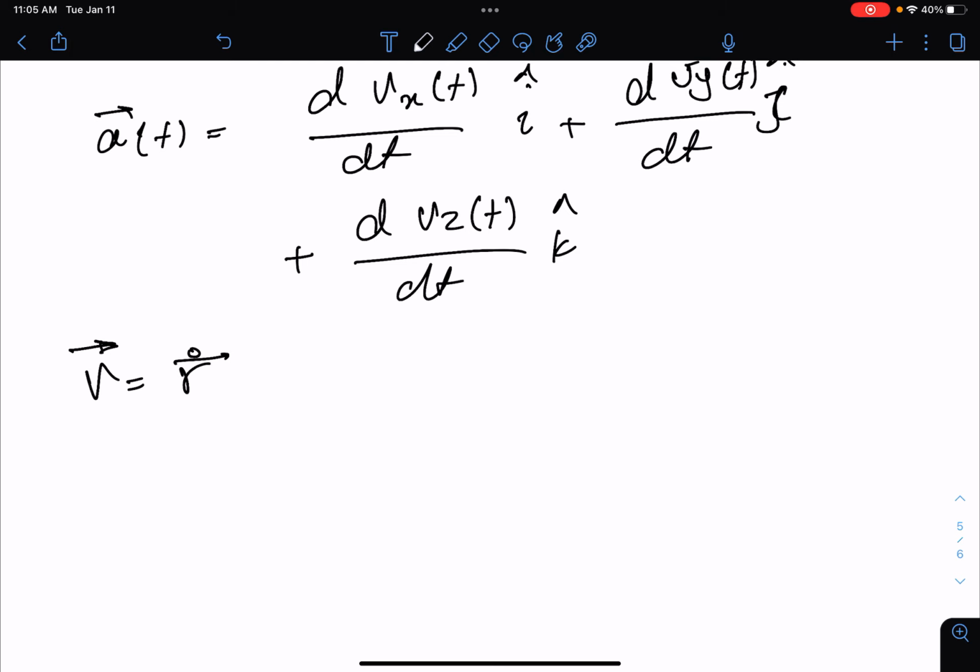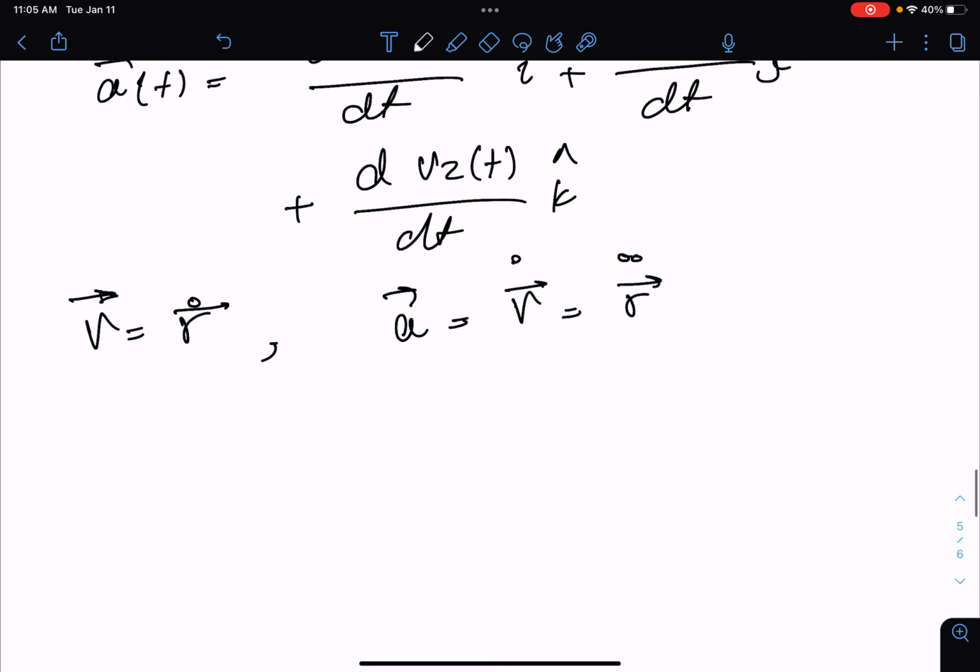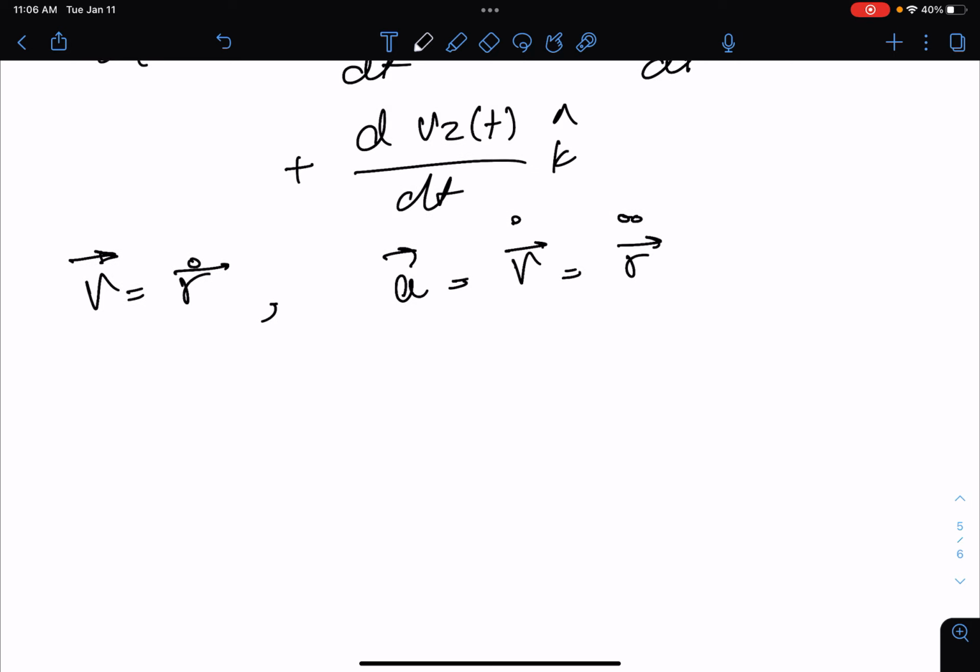So if we were talking about r prime, we are talking about dr/dx. We are mostly concerned with time derivatives here. So your v is going to be r dot, a is going to be v dot, or r double dot. You can also say the same thing about the components.